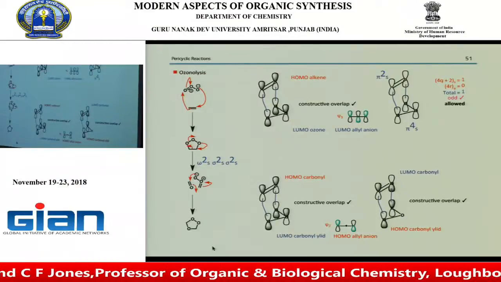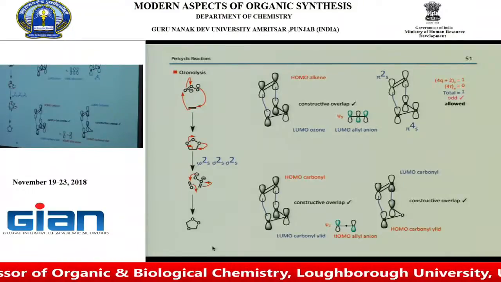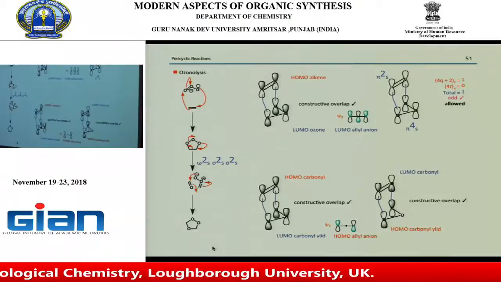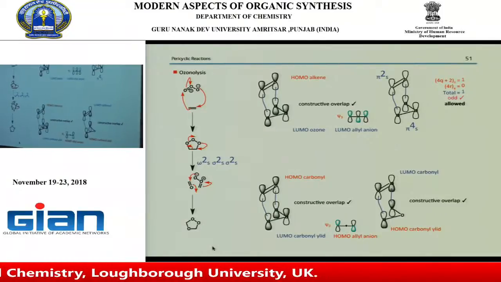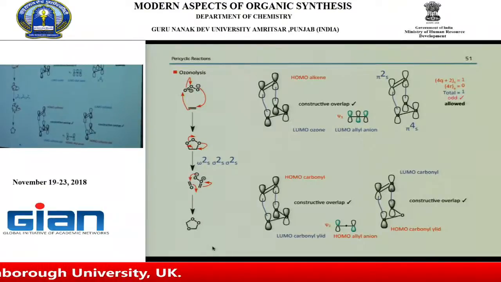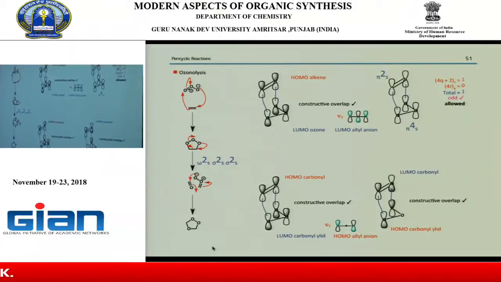But which one of those has the smaller gap and influences things like the regiochemistry depends very much on the exact atoms in the dipole and the exact substituents. So here it's a little bit less definite that you will always use HOMO diene, LUMO dienophile. Here it depends on which dipole you're talking about. The answer about whether it's allowed is exactly the same.